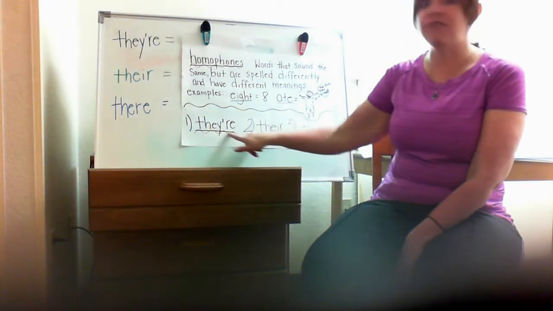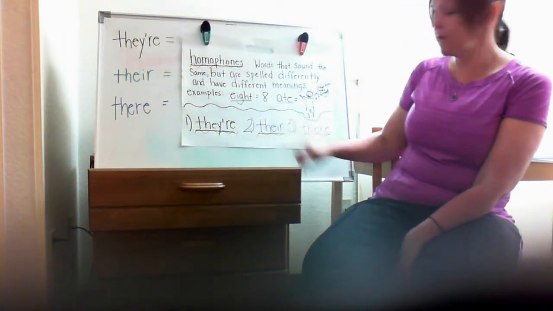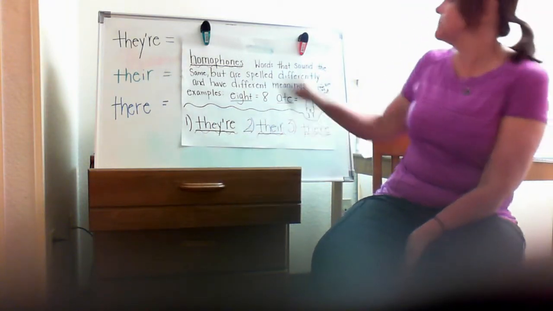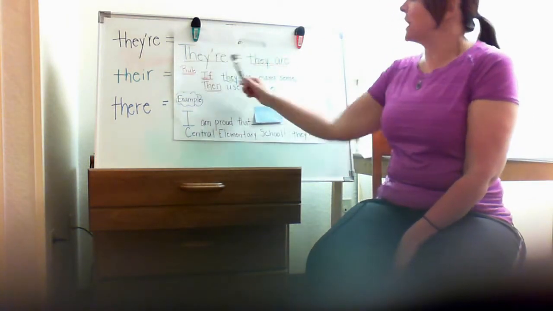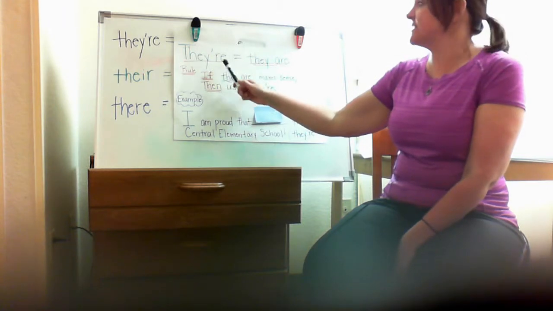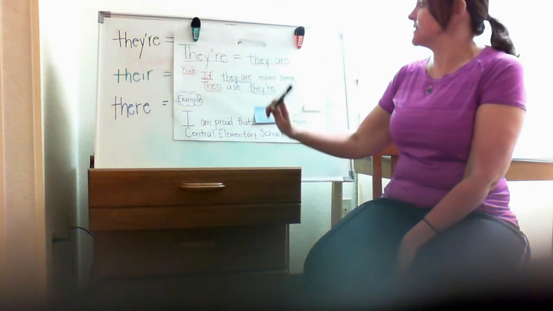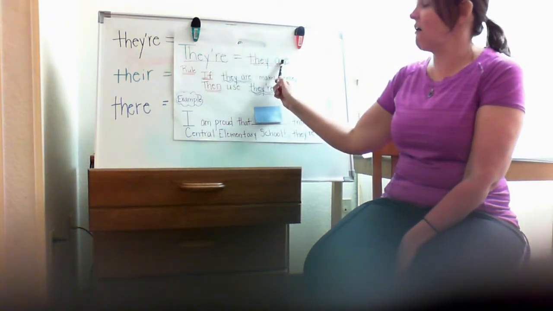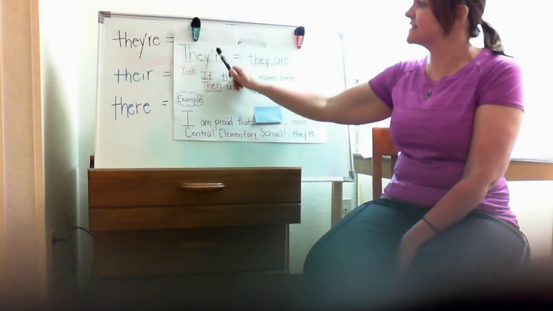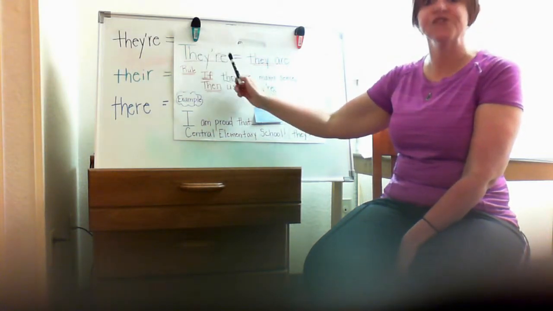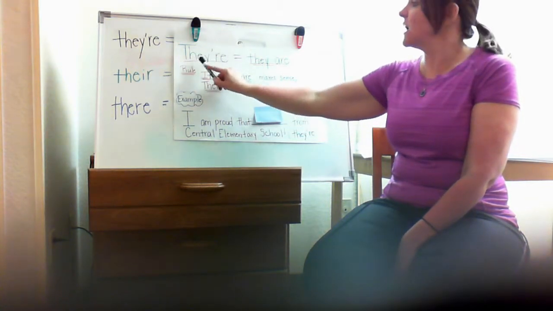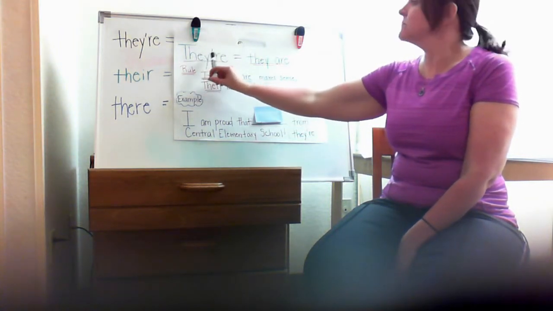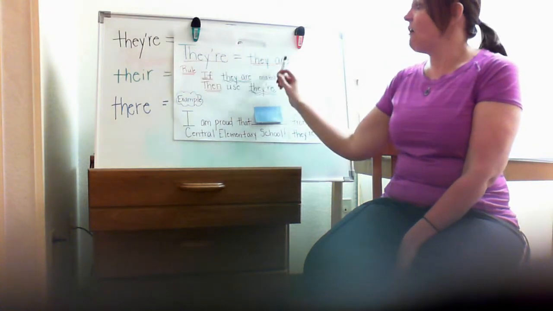What does there mean? Yes, there. Okay, this first there means they are. And if you look at it, it has an apostrophe in it. And we've used apostrophes before. It is short for they are.